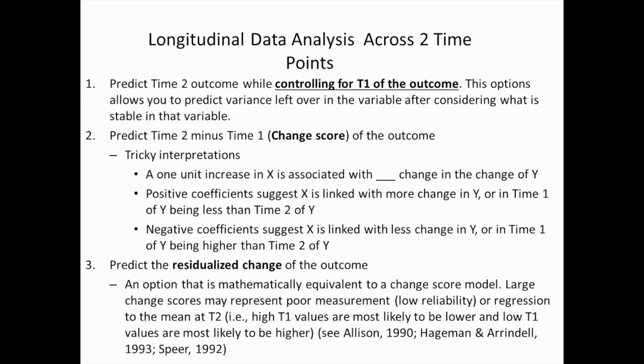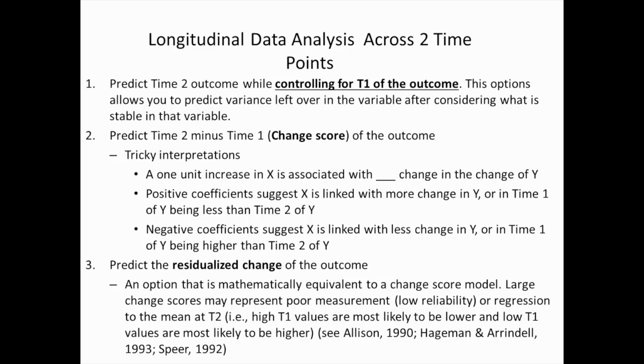Or in time 1 of Y being less than time 2 of Y, because we're subtracting time 1 from time 2. I'm just thinking, got to make sure that this is straight in my mind. Again, these are tricky to interpret.